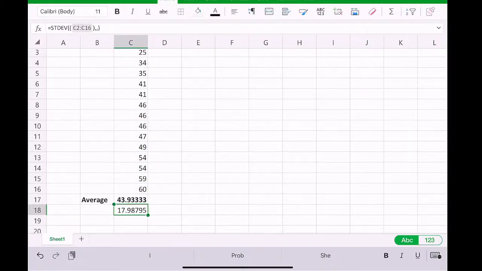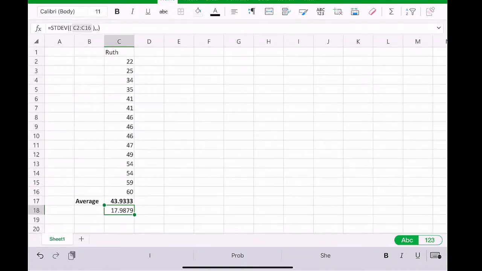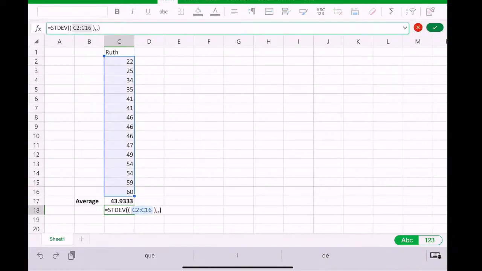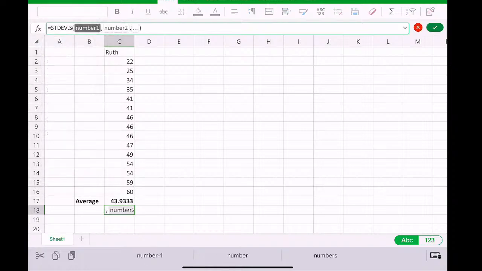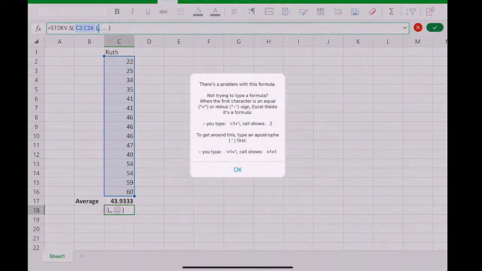Was that the standard deviation? I don't think so. It was 11. What happened? Let's use standard deviation S, because I don't know if the other is something different than I'm used to seeing. Standard deviation S must be sample standard deviation.